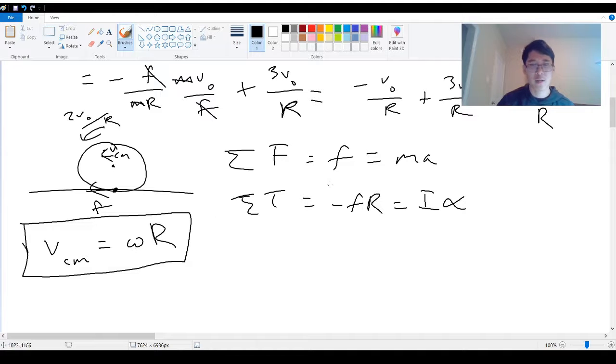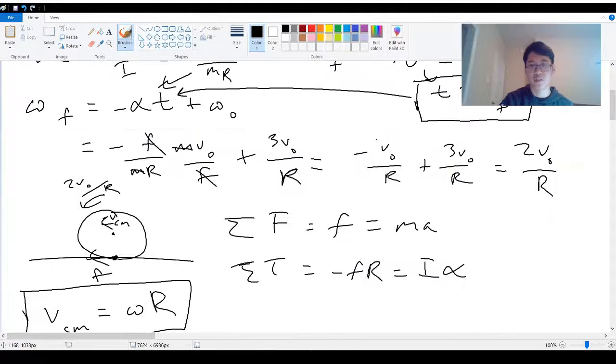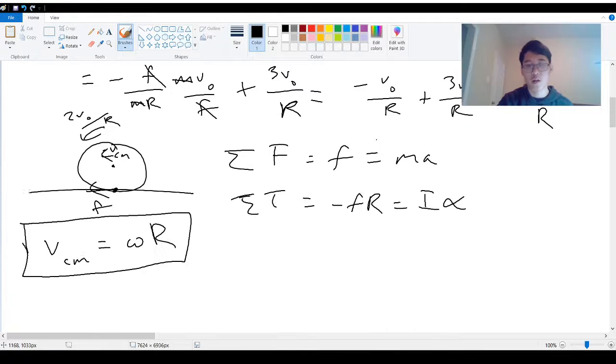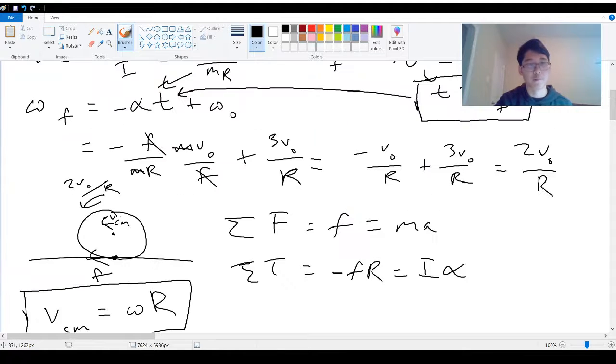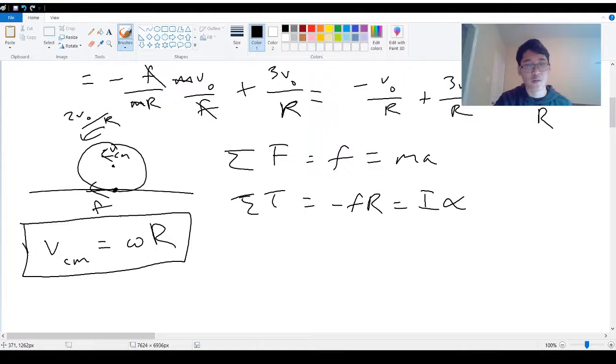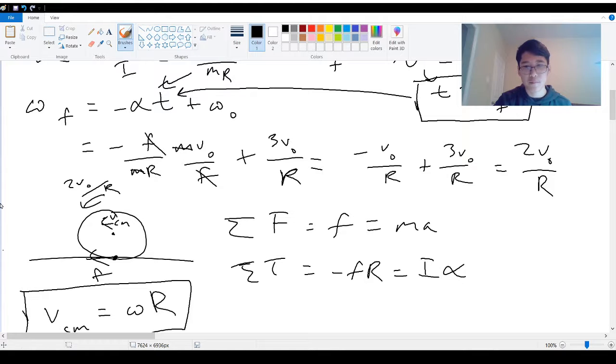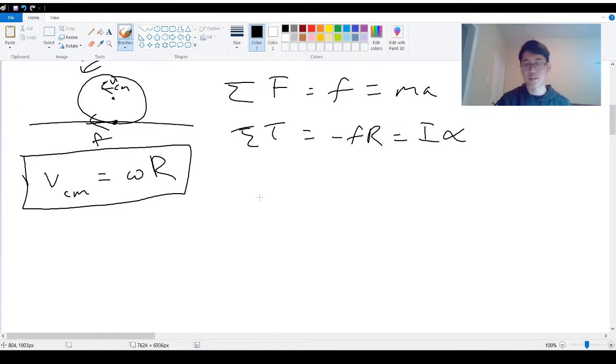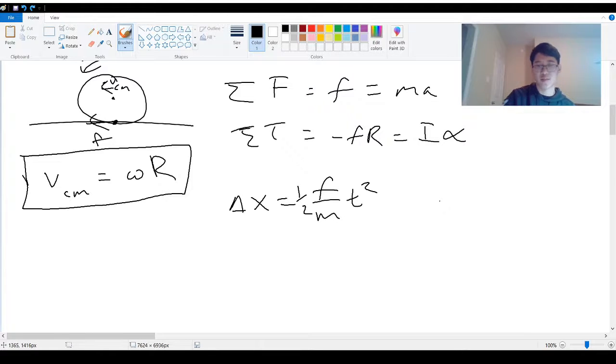So we have to be careful when we're using these equations. Once it reaches the point where v center of mass equals omega r, which we can make a bit more concrete, let's just write down the kinematic equations first. We have delta x for the force equal to, this time with positive acceleration, 1/2 F over m t squared plus, well, there is no v naught in this instance because it's starting from rest.